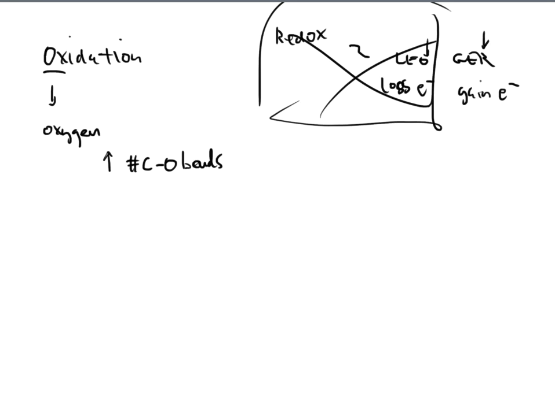Electron mess, electrochemistry, galvanic cells. Come on now. Oxidation in organic means you look at the oxygen, and if you increase the number of C to O bonds, this is going to be classified as an oxidation reaction. Now, this is not the only thing that classifies as oxidation. I just want to make that clear, but it suits our purposes for now, and that's really what matters.